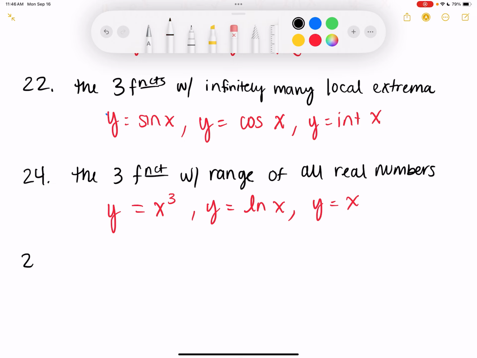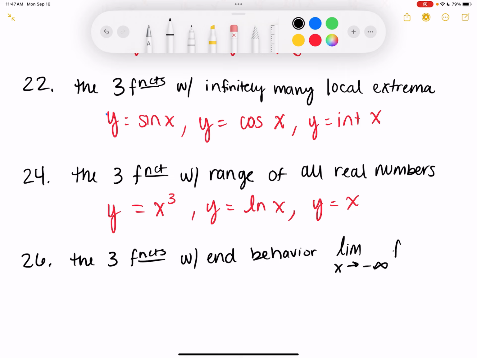The three functions with end behavior. So that just means what happens as x gets really, really big or really, really small, depending on the question. The limit as x approaches negative infinity of f of x is equal to negative infinity.